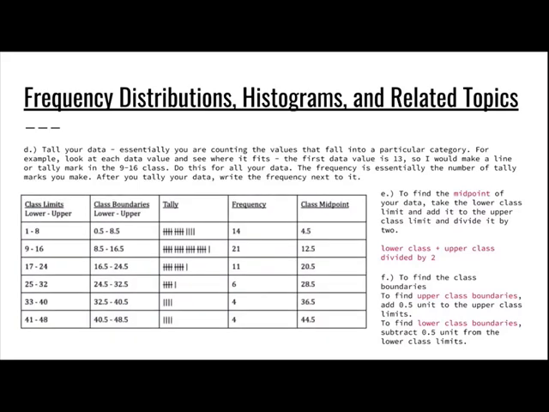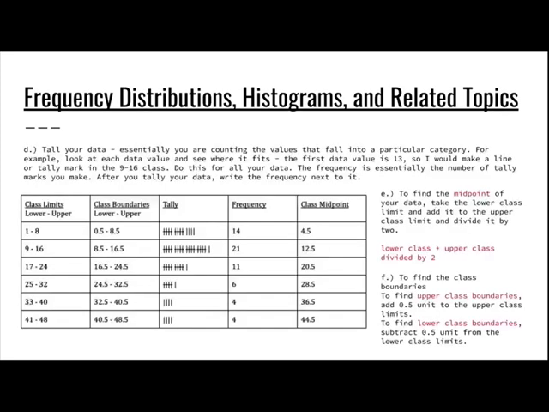So if we look at our chart, notice our tallies. If we count that first row, there's 14. Remember, to find the midpoint, we add the 2 together. So we have 1 plus 8, which is 9, divided by 2 is 4.5, and that's our class midpoint.